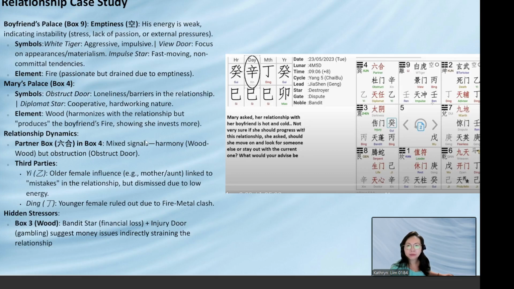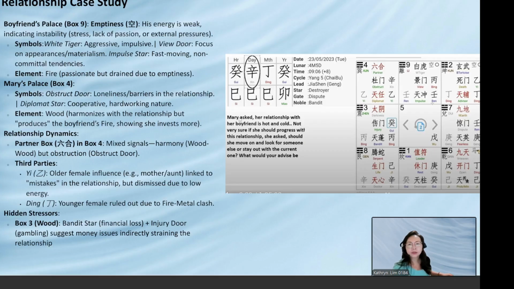For instance, Mary, being the asker, is in the day stem, she's the Sing, so she's represented by box 4. And then how do we identify her boyfriend? To identify her boyfriend, we know that Sing corresponds with Bing, so Bing is the boyfriend box.